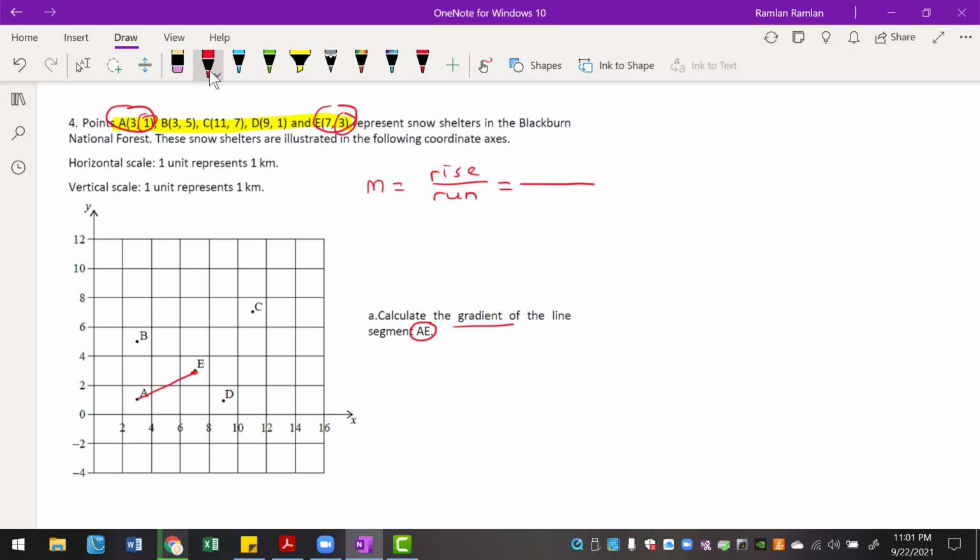So it's going to be 3 minus 1. And the run is going to be 7 minus 3. 3 minus 1 is 2, and 7 minus 3 is 4. So it's going to be 1 over 2. So that is the gradient of AE. Okay, next question.